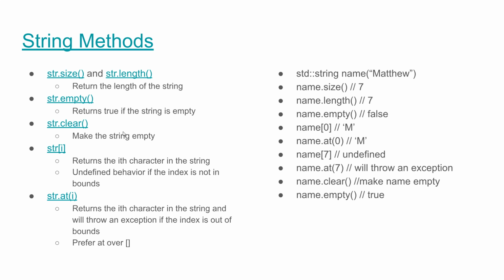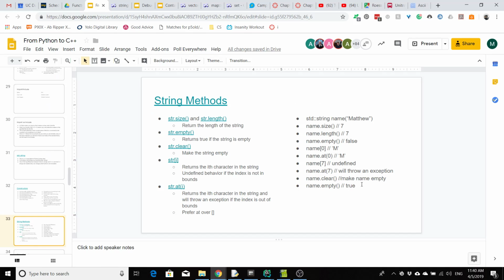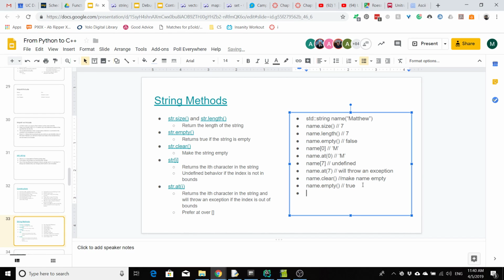We should also mention that the brackets and the at, you can use those to set the character at that position. So if I do something like back here, I could do name.at(0) is equal to 'N', right?